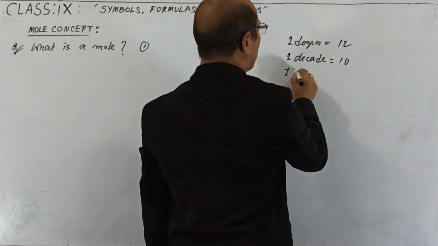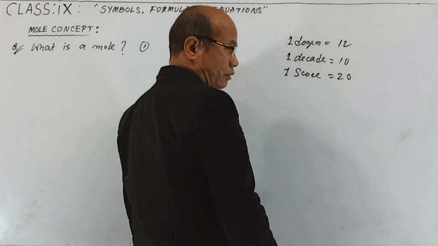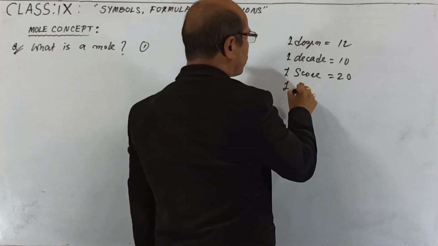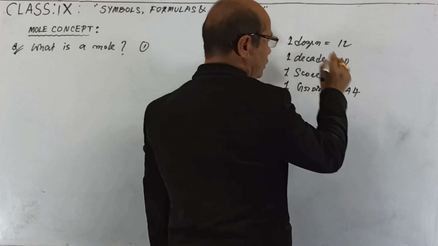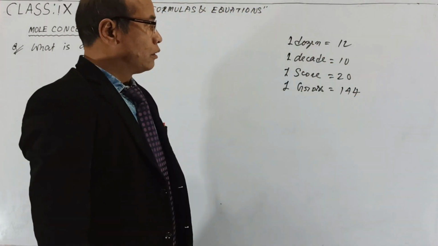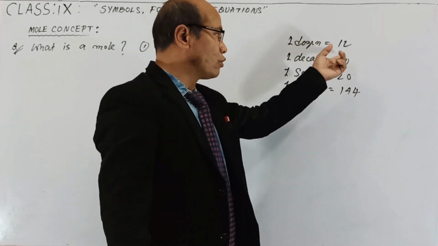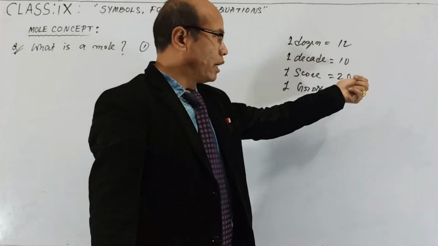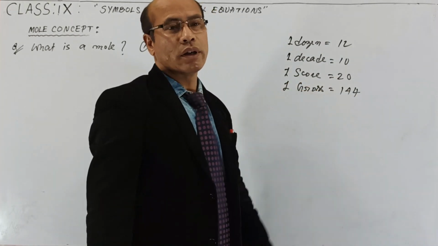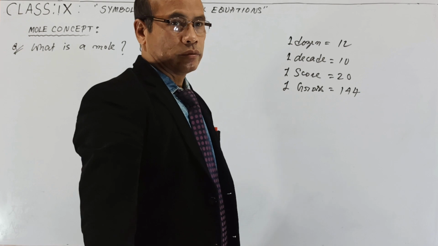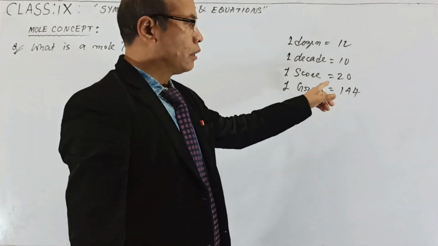And when I say 1 score, it represents the number 20. And when I say 1 gross, it represents the number 144. So these are the names of some particular numbers. When we say dozen, it means 12. When I say decade, it means 10. When I say score, it means 20. When I say gross, it means 144. So these are some names of some particular numbers.